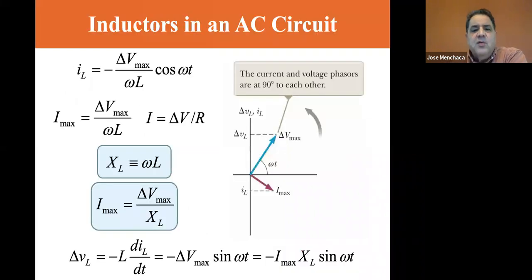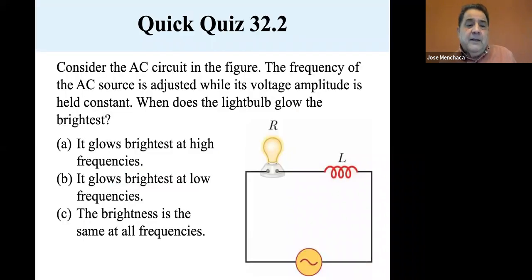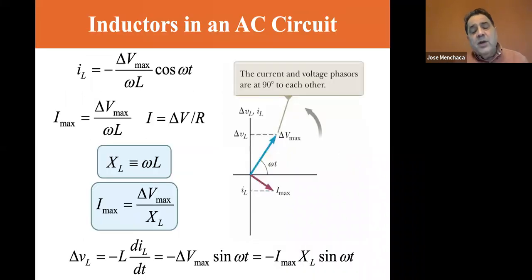Well, let's look at the equation. It'll glow as a function of the current. Low current, it won't glow as bright. High current, it'll glow brighter. So what determines the current?